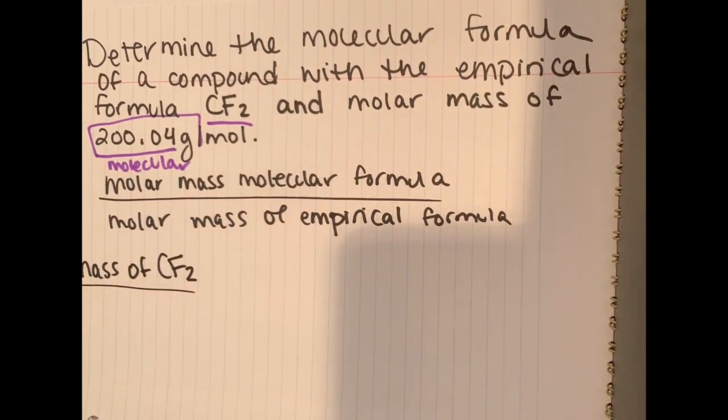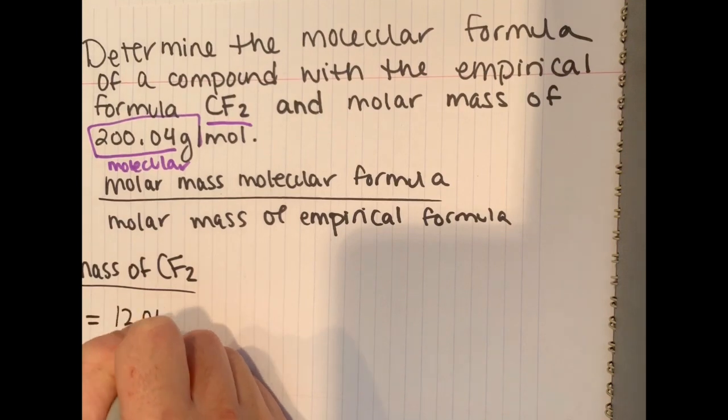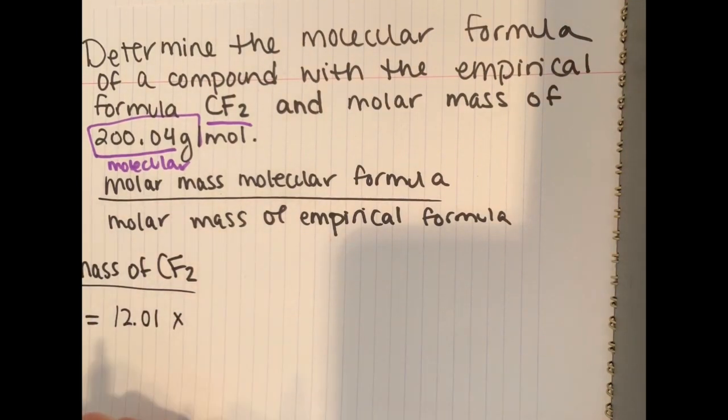Now, when we're calculating the mass when it comes to empirical and molecular formulas, do not round anything. It's actually very important to just use decimals exactly how you see it on the periodic table. So for the mass of carbon, I'm not going to round it to 12. I'm going to use 12.01. Okay, and I just need to multiply that by 1 because I know I have 1 carbon.